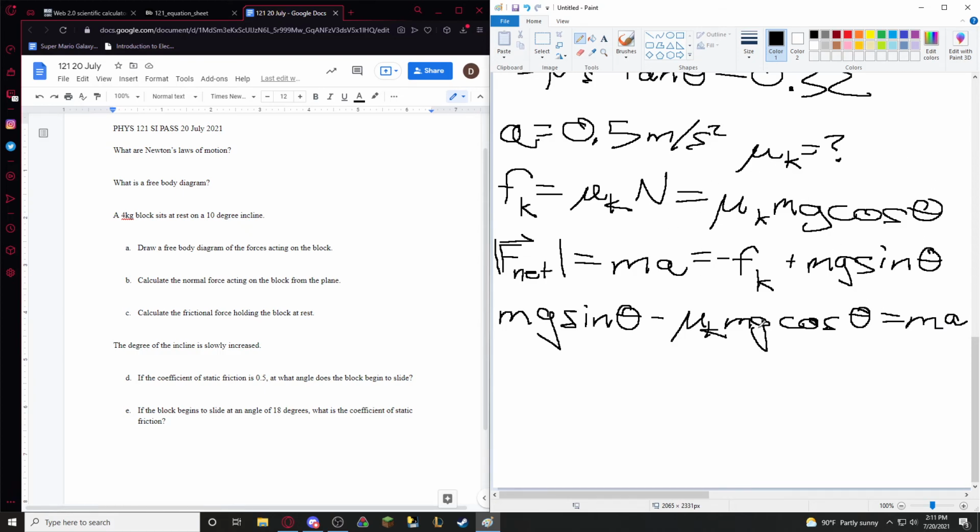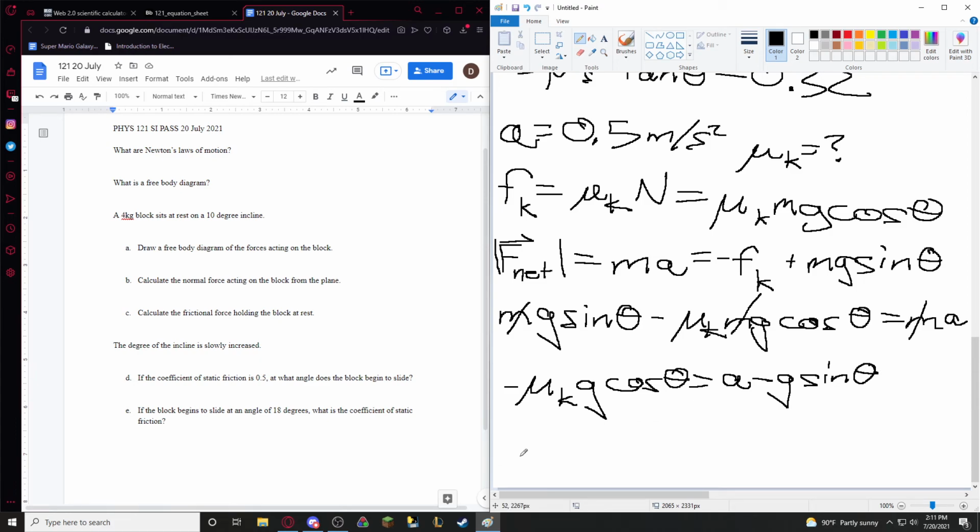We're just writing all this stuff together. Obviously we can see m cancels out from everything. And then we'll move this over to the right. So we have negative mu k g cosine theta is equal to a minus g sine theta.